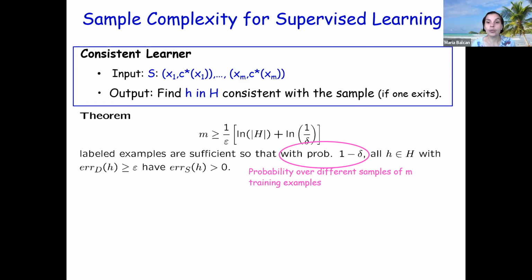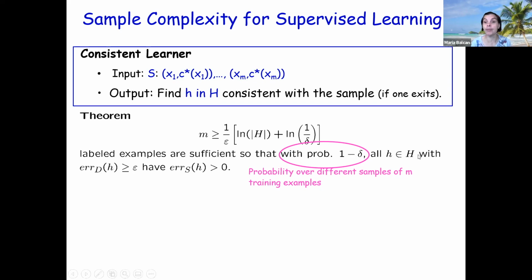So what we proved is the following. If H is finite, we show that if in the training phase we see this many labeled examples, 1 over epsilon times log size of H plus log 1 over delta, then these many examples are sufficient so that we can guarantee that with high probability over the draw of the training samples, we have it uniformly for all classifiers, for all hypotheses in our search space.